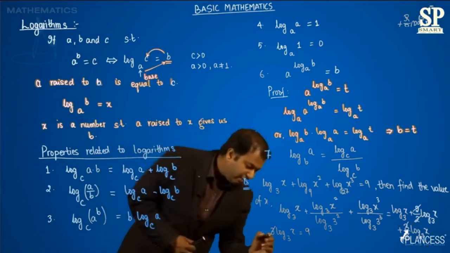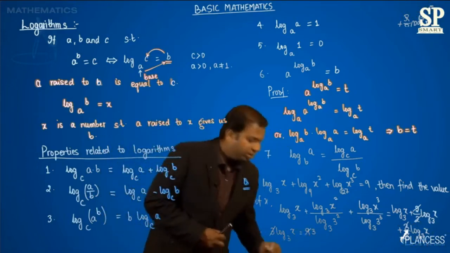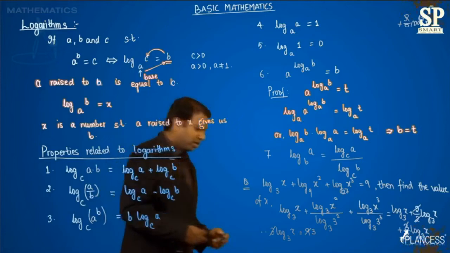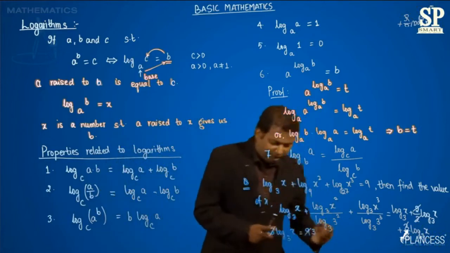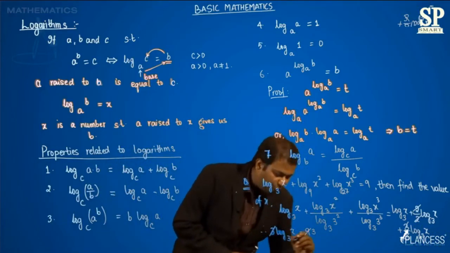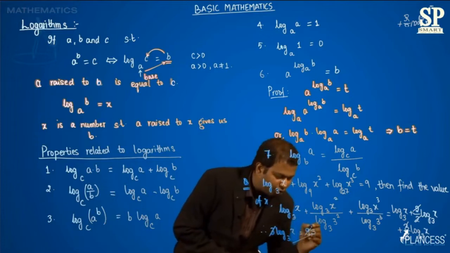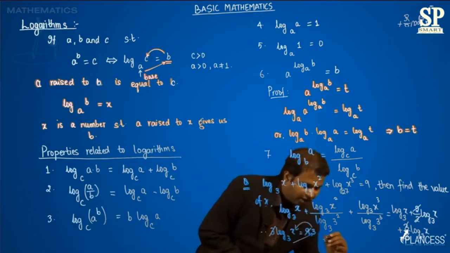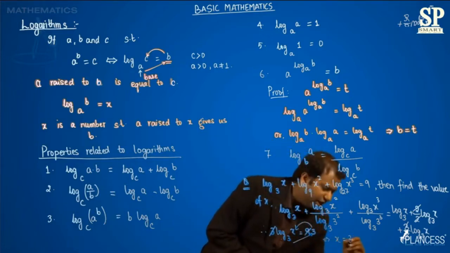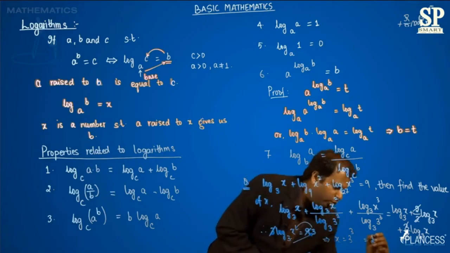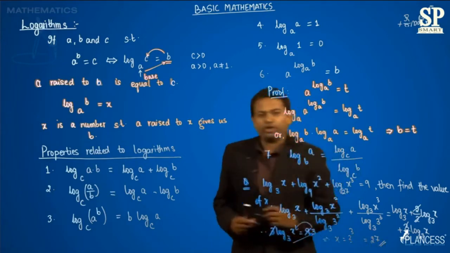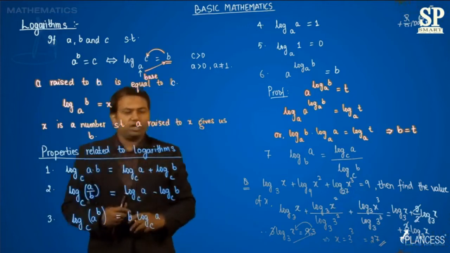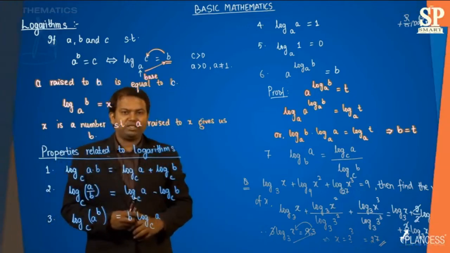Now clearly we can cancel out 3 and 9 because 9 is certainly a multiple of 3, and now we know how to write it. 3 raised to 3 will give us x. So we can write x is nothing but 3 raised to 3, which is equal to 27. So that is how we solve questions related to logarithms and its properties.